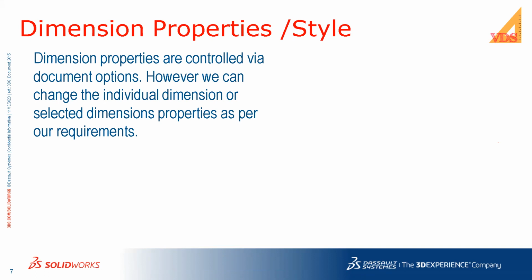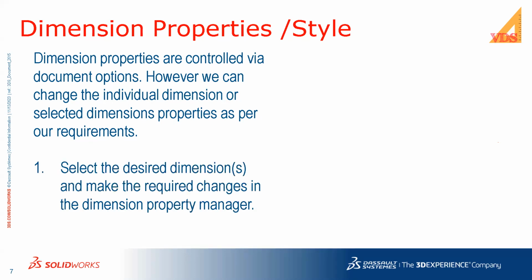But what happens in case we need to change the style or the property of an individual dimension or some selected dimensions, because there was a requirement to do that. So instead of making a global change on all the dimensions, we can change the dimension properties or style for particular dimensions. To do that, simply select the dimension or dimensions you want to change, and then make the required changes.